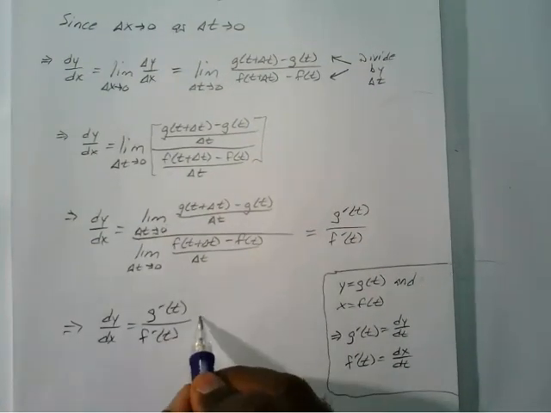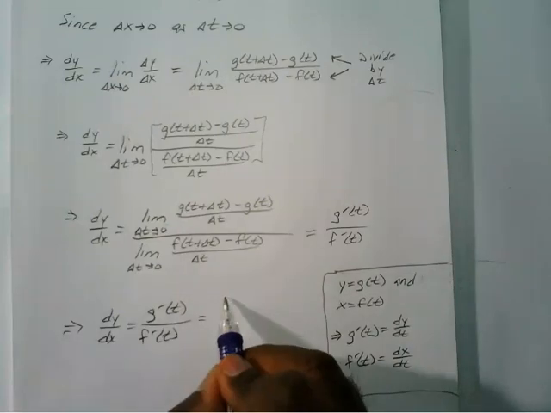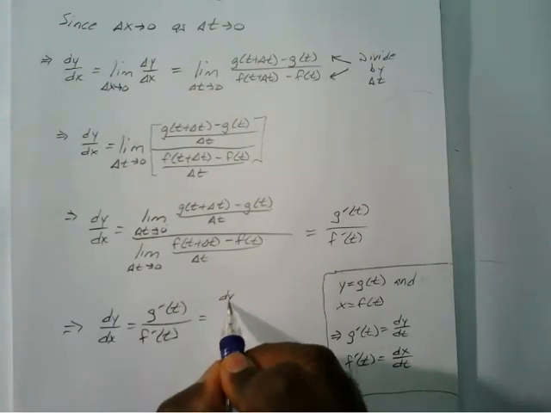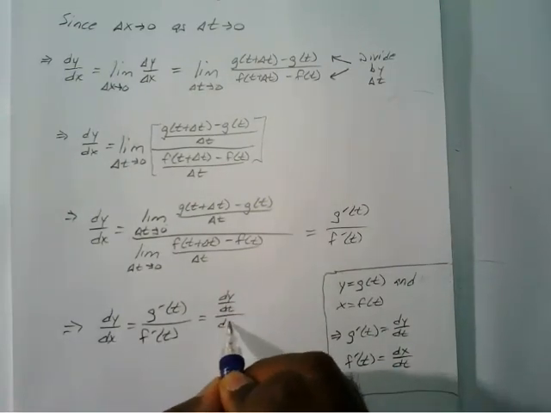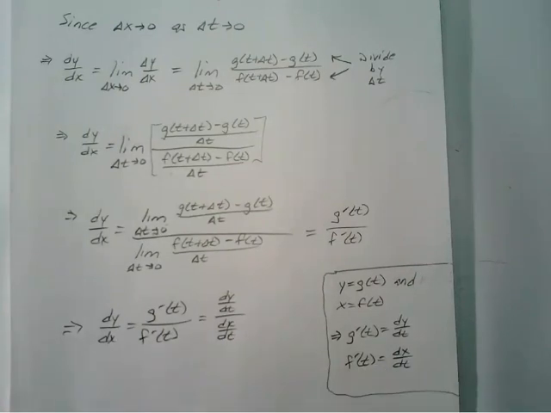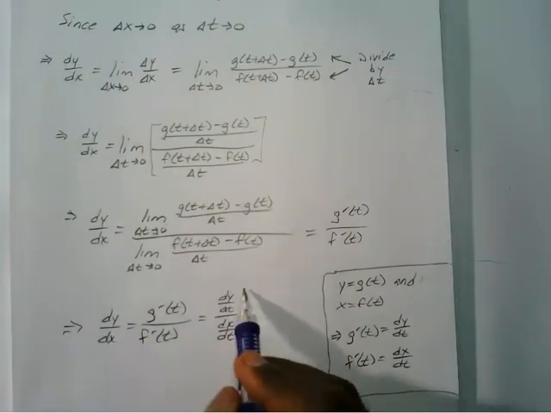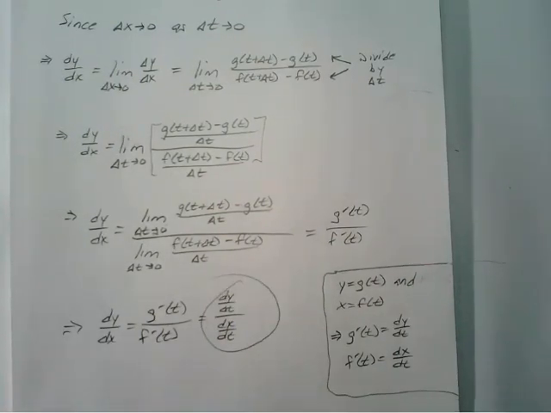So really this just becomes dy/dt over dx/dt, which is our formula.